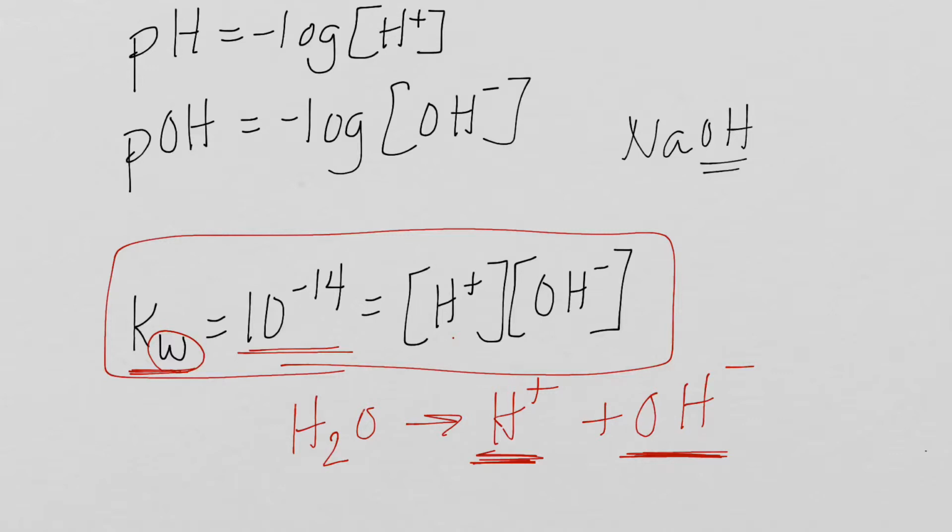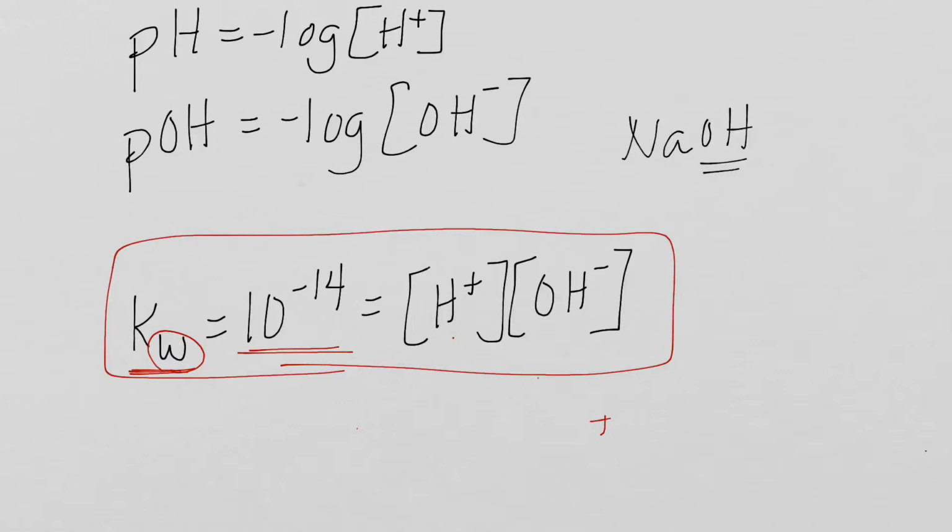So what's important to kind of keep in mind when we're looking at this is, what's the pH of water? You might be familiar with the pH of water being 7. Well, I showed you earlier that a pH of 7 equates to a hydrogen ion concentration of 10 to the negative 7.